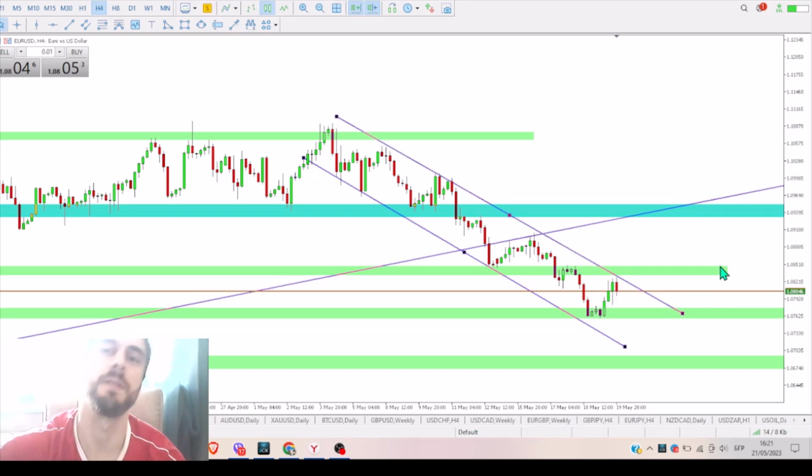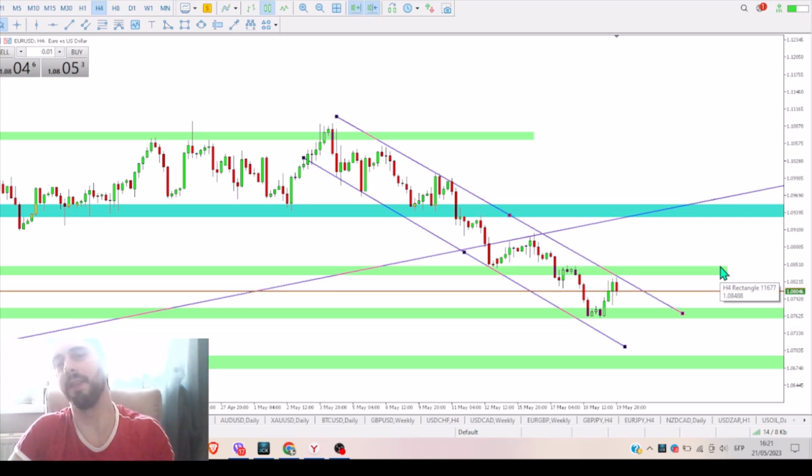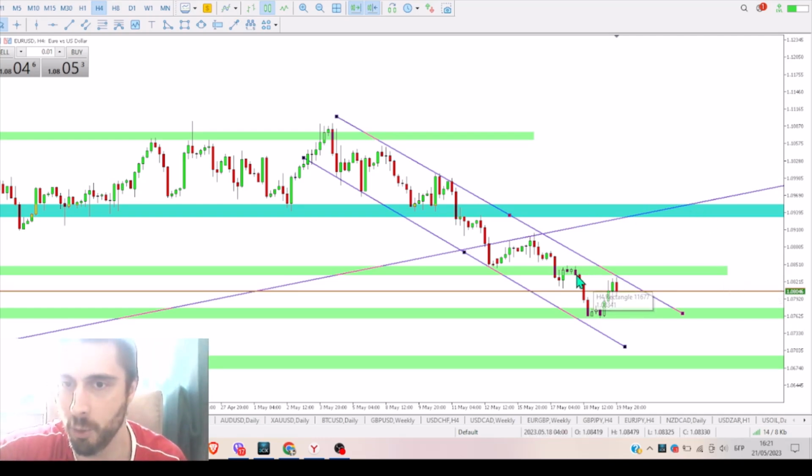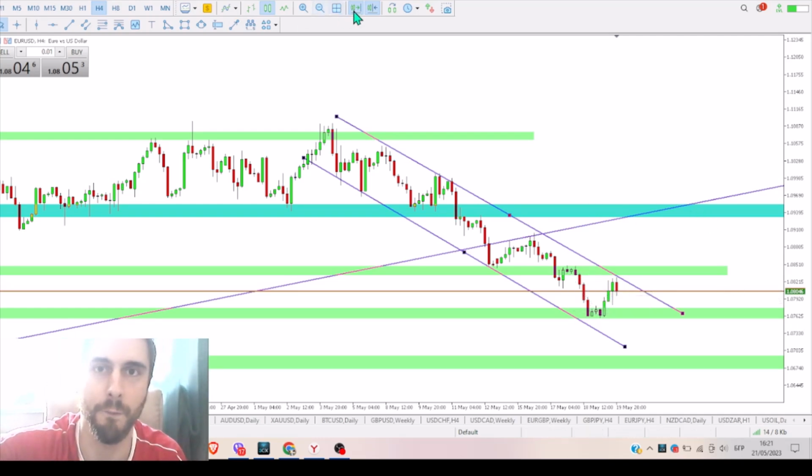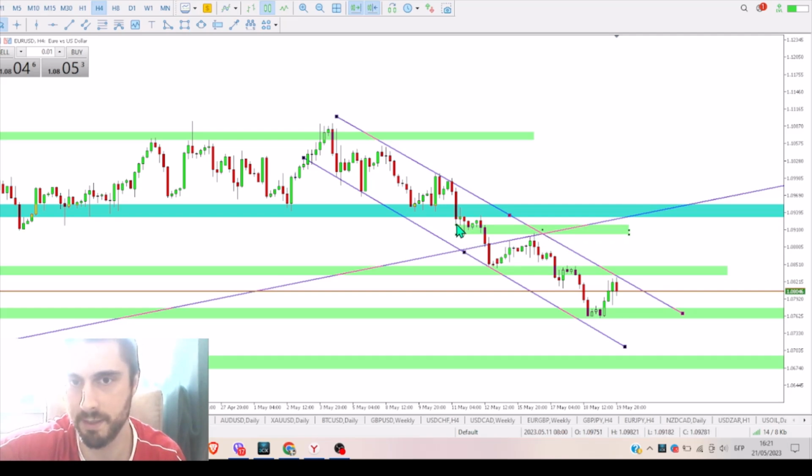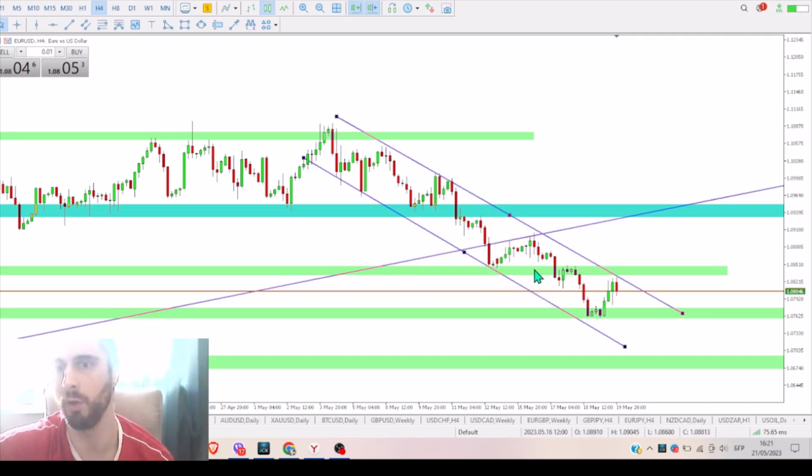And I'm sure the most trained traders have already taken sell positions from this area, because as in the past, from these areas of resistance, just like here, price tests this area and comes back to the downside. Also here we had the breakout, some sort of a retest and continuation to the downside.